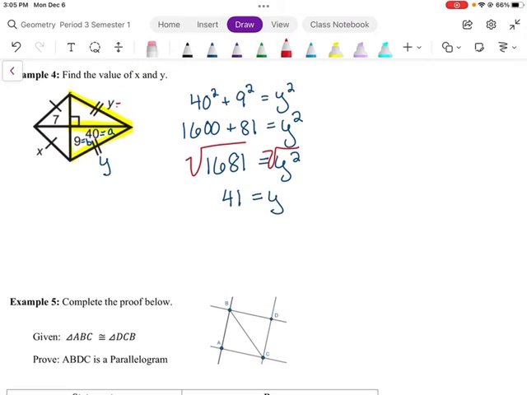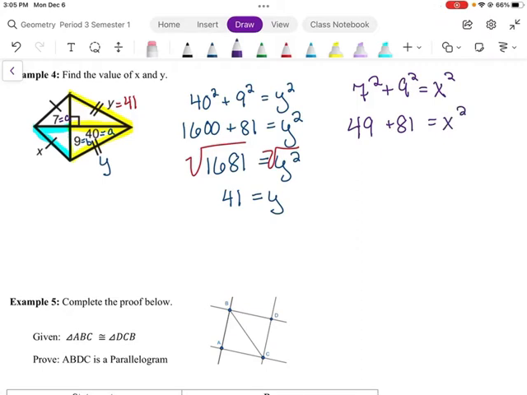And then on our other triangle, we are looking for x. Again, b can be our 9 value, and I'll make 7 a. So we should have 7 squared plus 9 squared equals x squared. That'd be 49 plus 81 equals x squared. And that would give us 130 equals x squared.